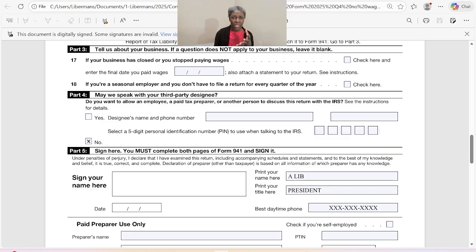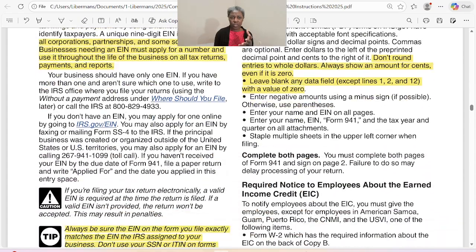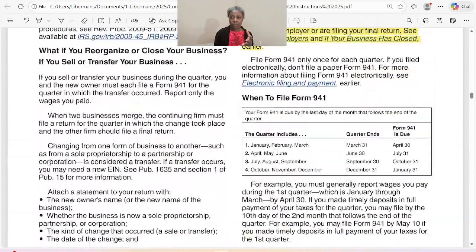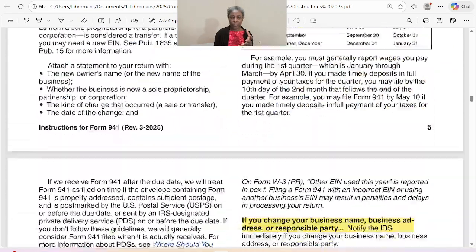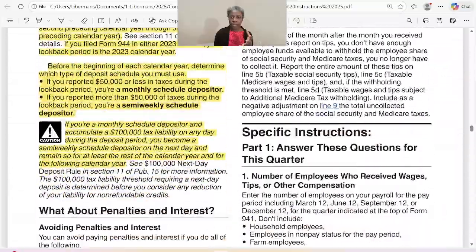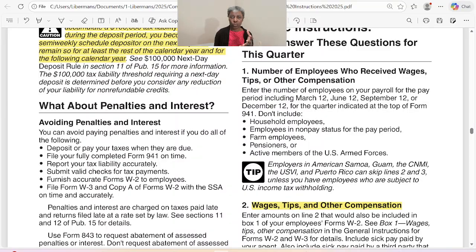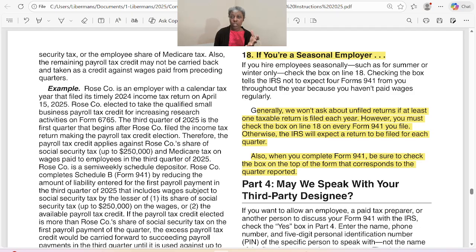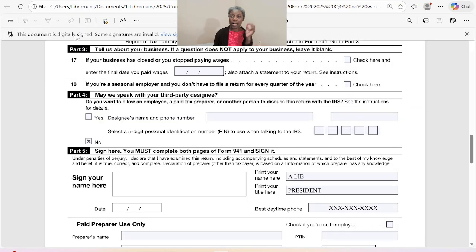But again, they have instructions on it as well for you to read, and every line has information related to it that you can go to and read more about, to see if that line is related to your business.